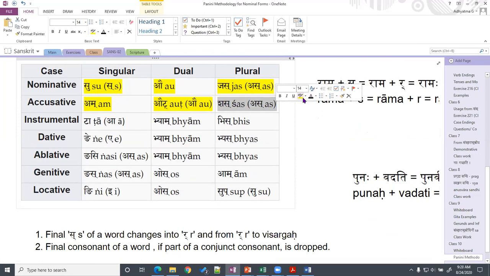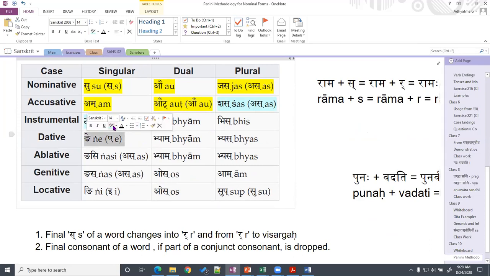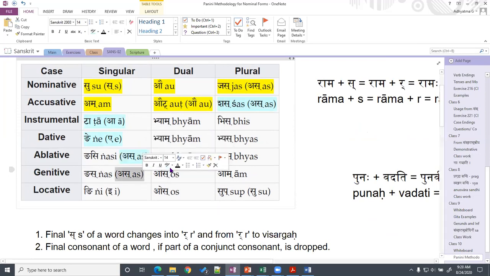So this one starts with a vowel, this one, this one, this one, this one, this one starts with a vowel, and these two also start with a vowel, and this one also.